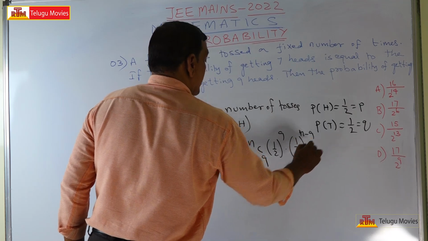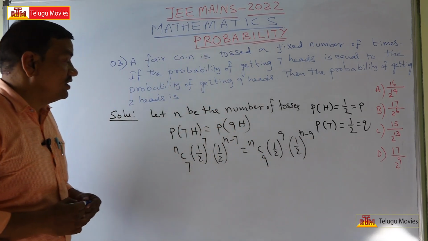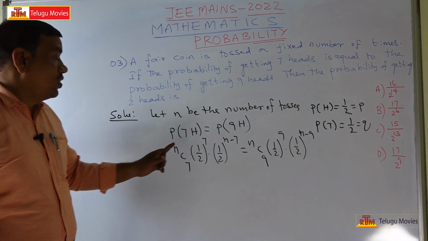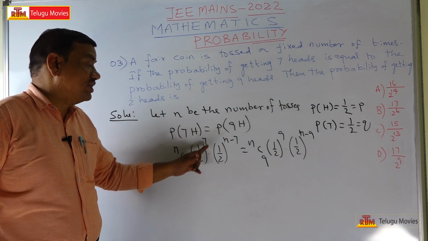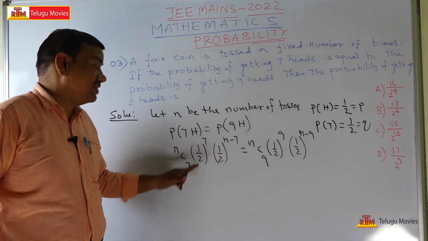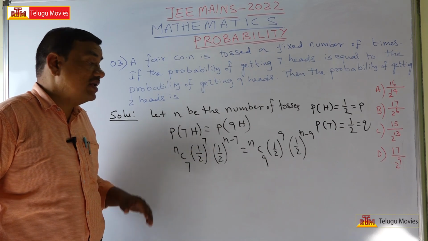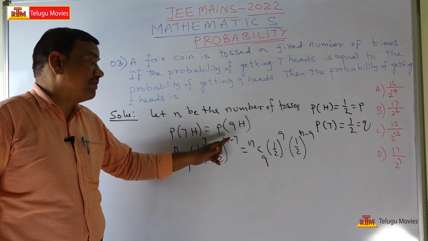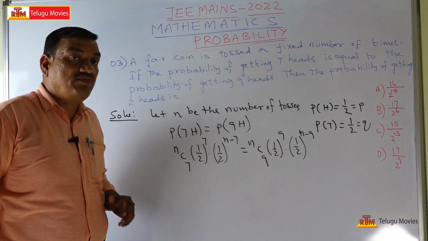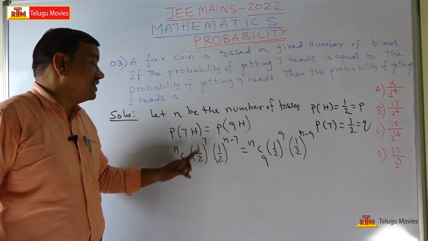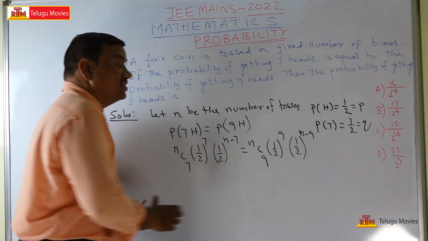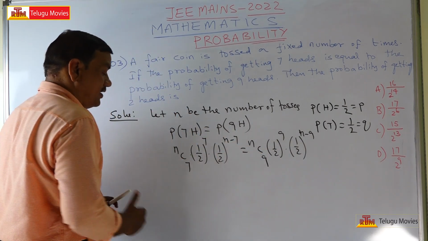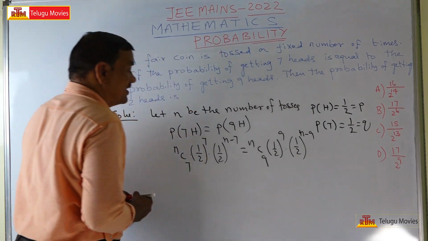Now if you observe, (1/2)^7 into (1/2)^(n-7): a^m into a^n is a^(m+n), that is 7 plus n minus 7. 7 minus 7 will get cancelled, giving (1/2)^n. This is also (1/2)^n on the other side. These two will get cancelled.